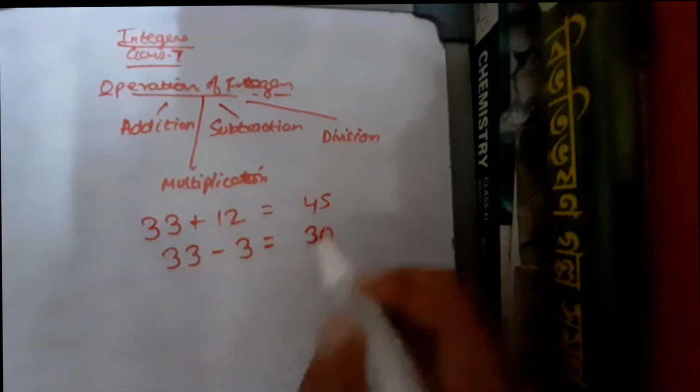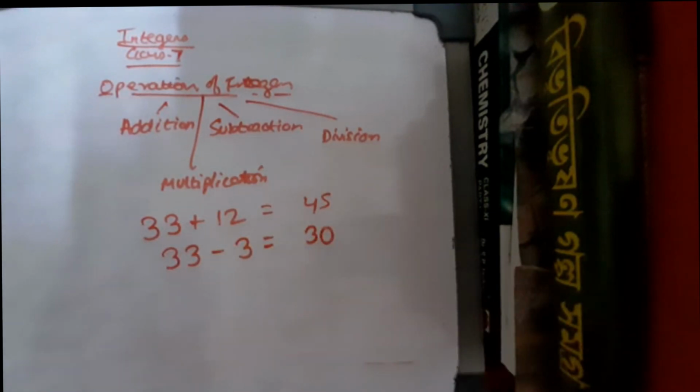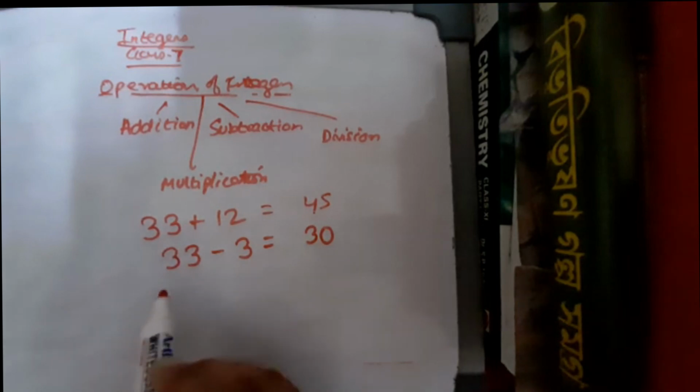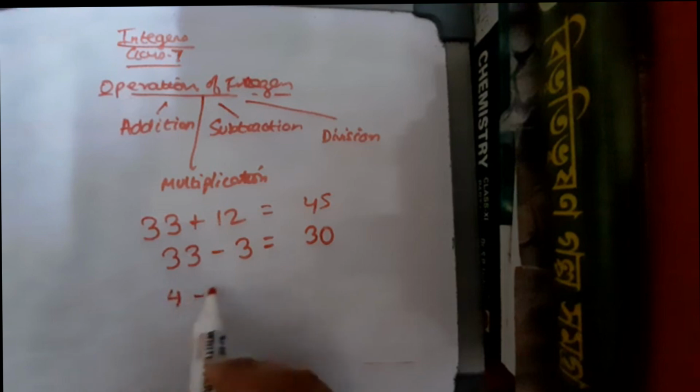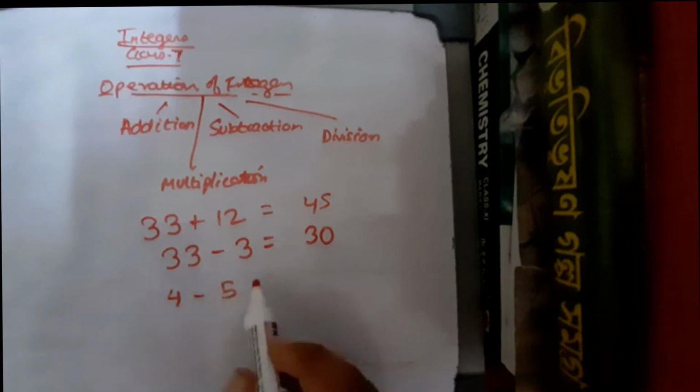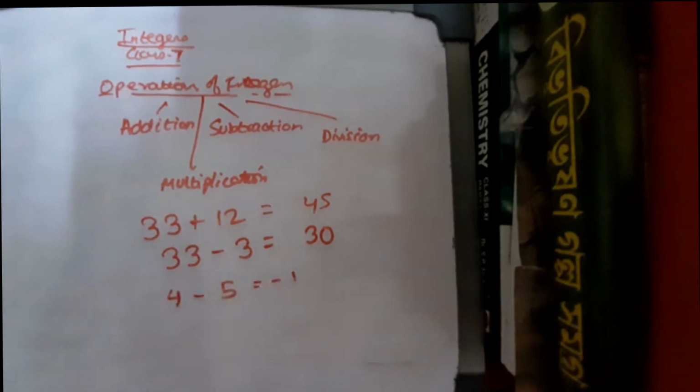we might get a natural number, or we might get what we call negative numbers, or integers. For example, if I subtract 5 from 4, I get -1.